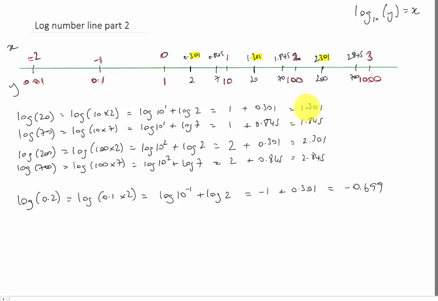So here the ending isn't the same, but we're kind of the same distance away from 0 compared to the 2. So here we've got minus 0.699, so that's 0.2.